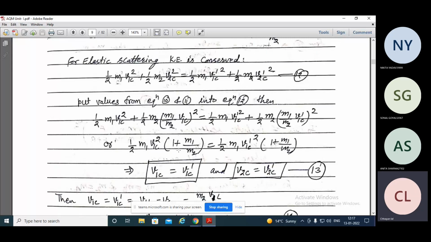Now you can calculate this term or this term, these are equal, and this term or this term, these are equal. So that gets cancelled, and only half m1 v1C square equals half m1 v1C' square is left. Half m1 cancels out, leaving on the left hand side v1C equal to v1C' on the right hand side. Similarly you can also get v2C or v2C'. This is equation number 30.